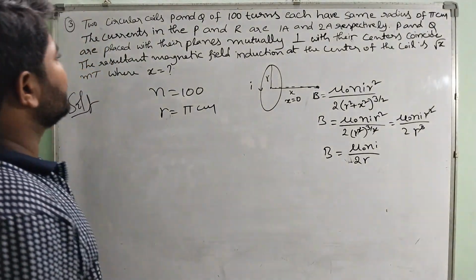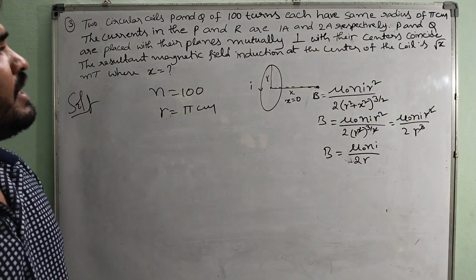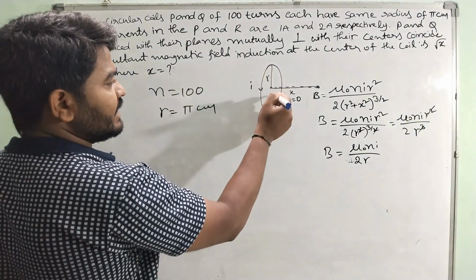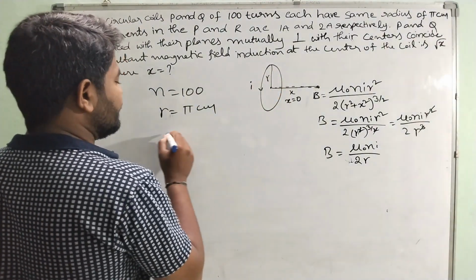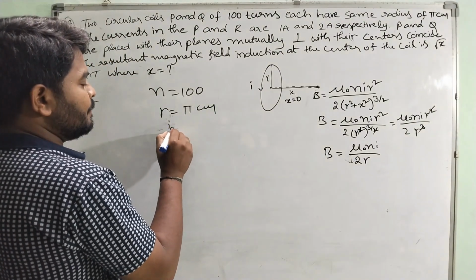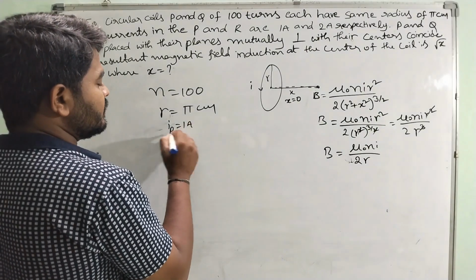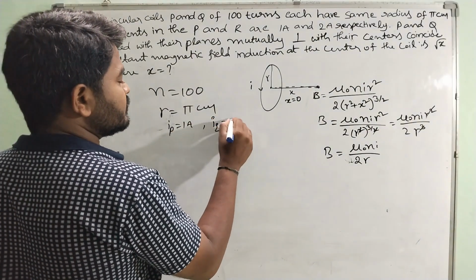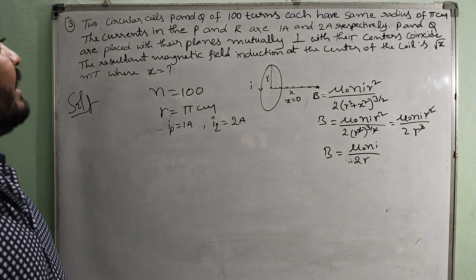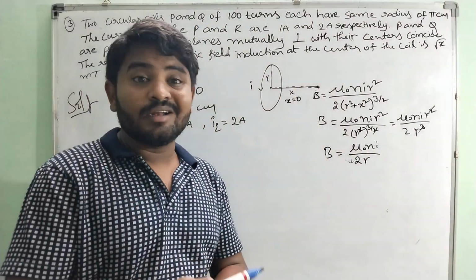The currents in P and Q: in the P coil, IP equals 1 ampere and IQ equals 2 ampere. And they are mutually perpendicular to each other.